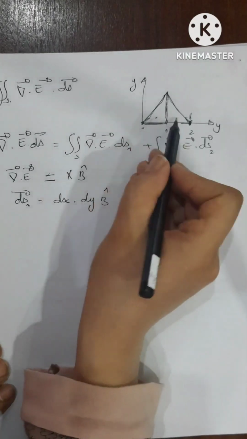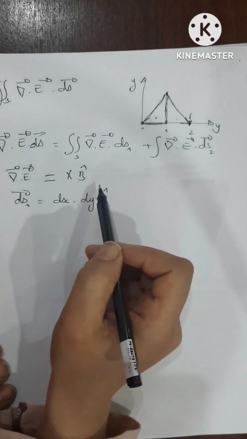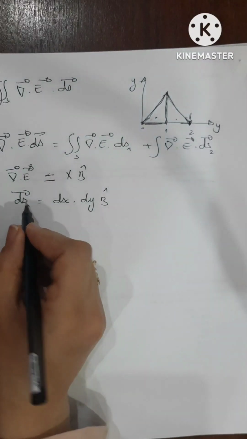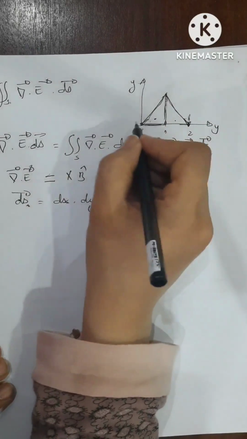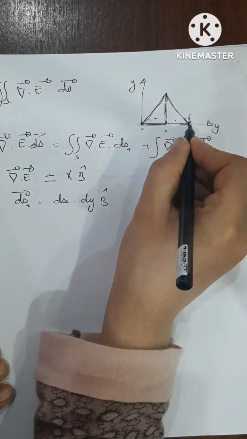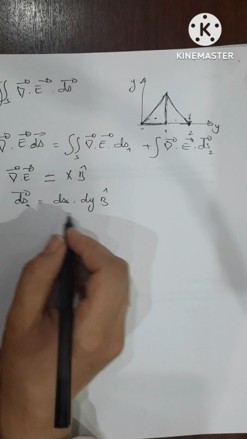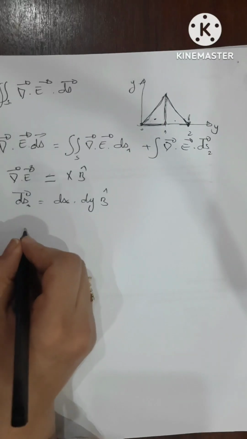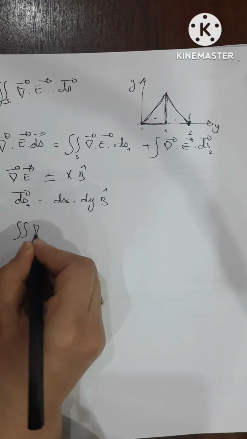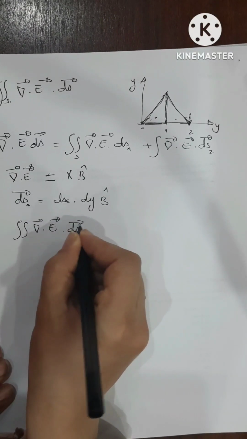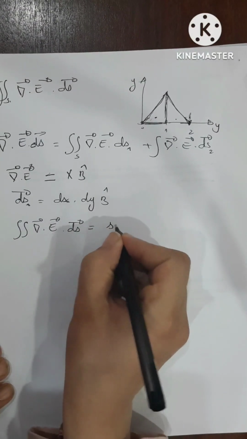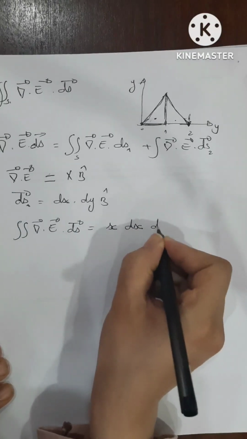So the same ds, but the integral differs. ds1 is dx times dy, but our function y is not the same as the second function. So the curl of E ds is x dx dy.